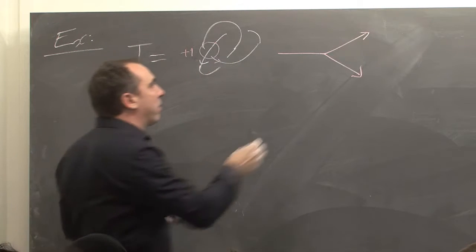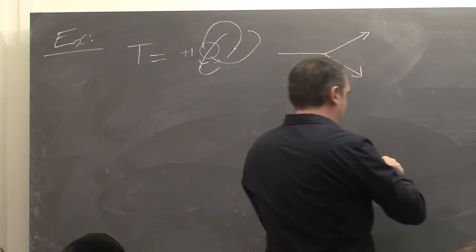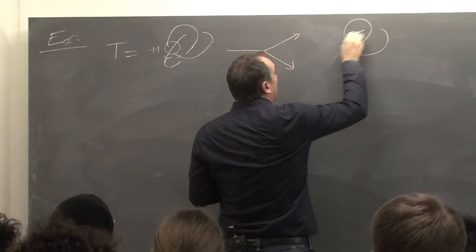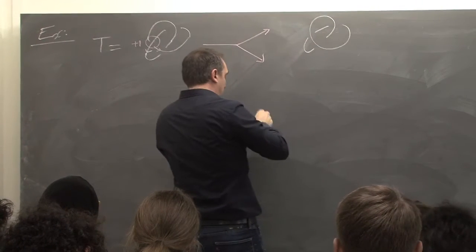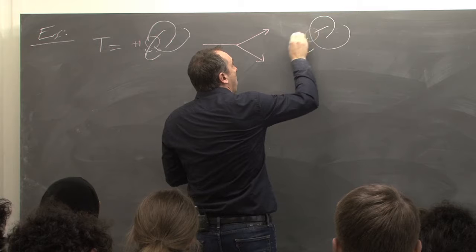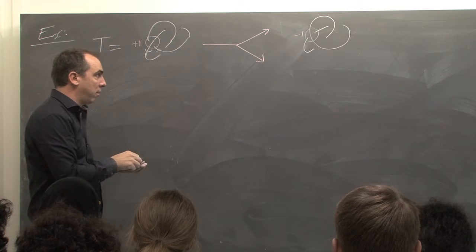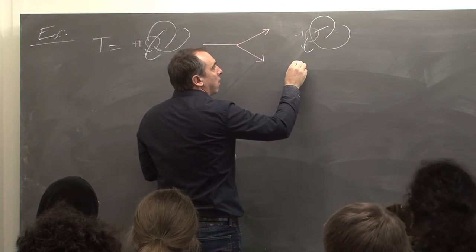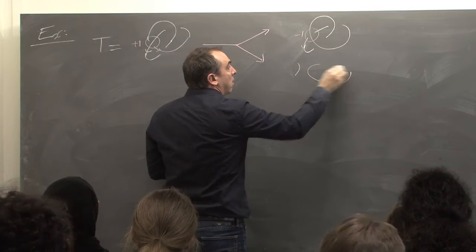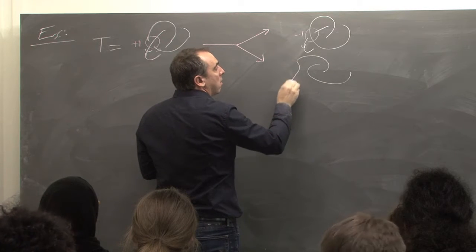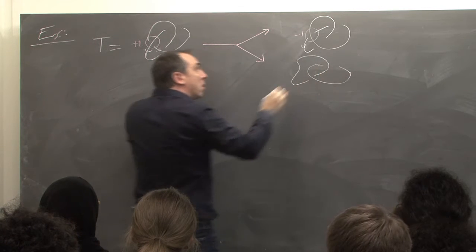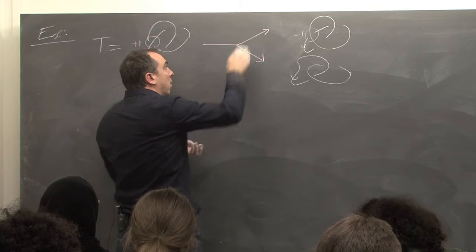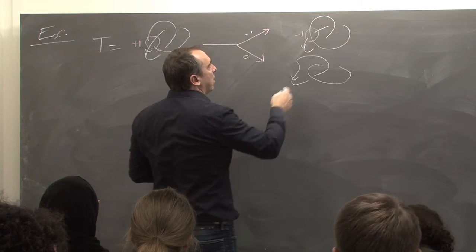If I take a negative crossing, I have this one. And if I smooth it, I obtain this.